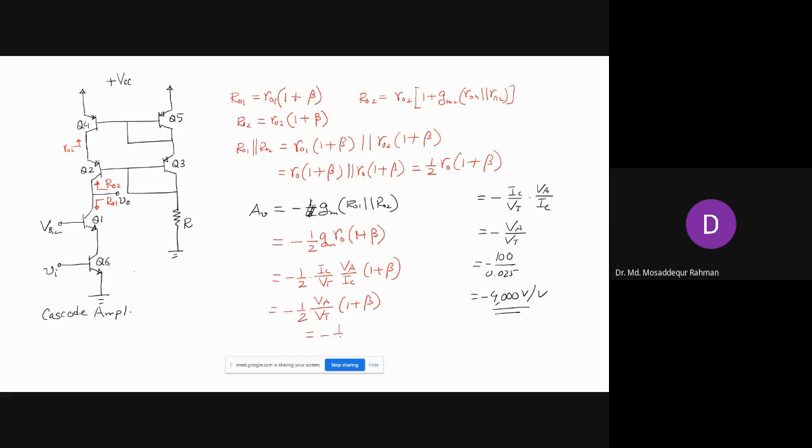So VA is here, let's say 100 volts, and VT is 0.025, and if beta is 100, then we get minus half, and 100 divided by 0.025, we get 4,000 times 101.